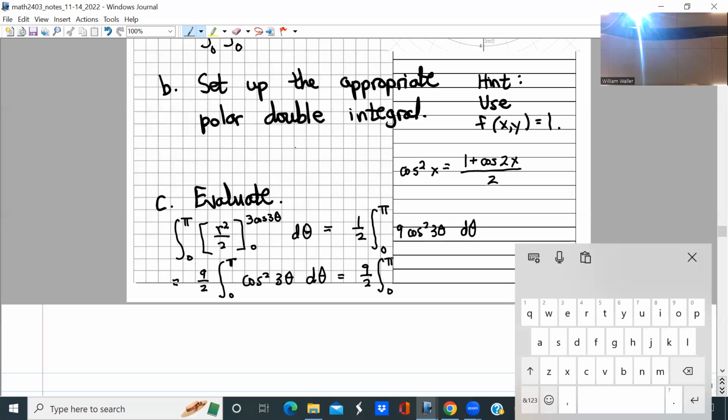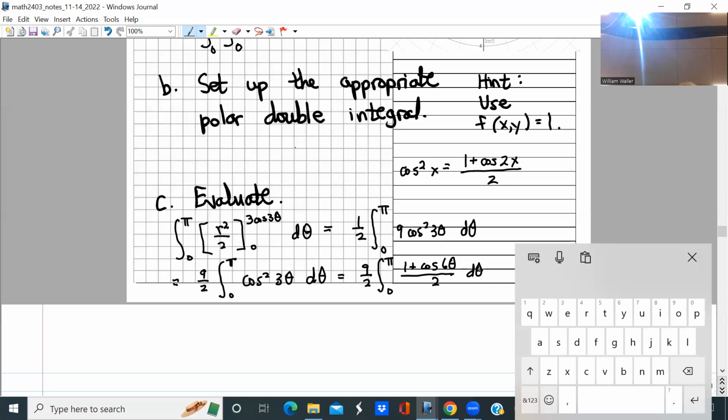So we have 9/2, and then integral from 0 to pi of, when I apply this identity to cosine squared of 3 theta, I get what? 1 plus cosine of what? 6 theta, right? Because you're going to double the 3 theta here. So you get cosine of 6 theta and then over 2.